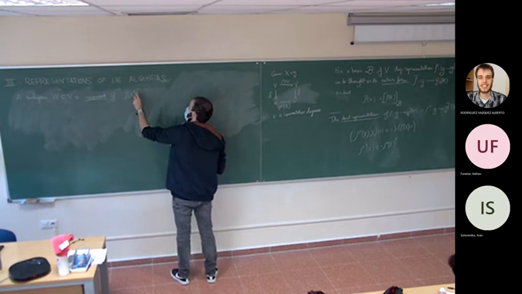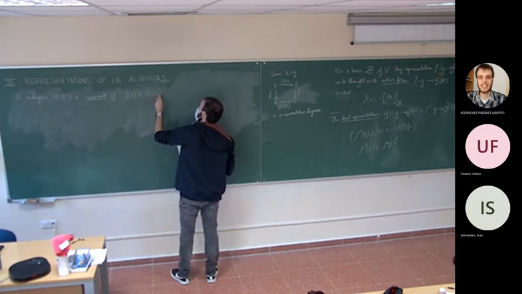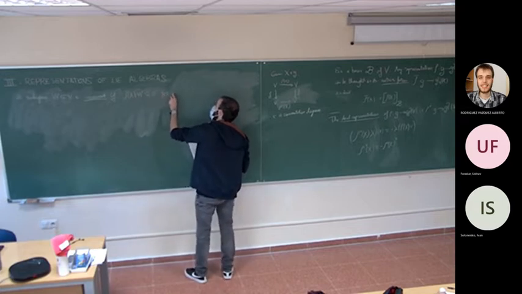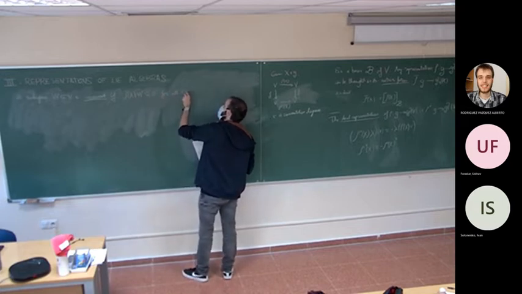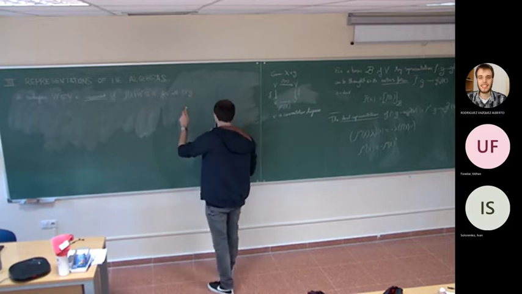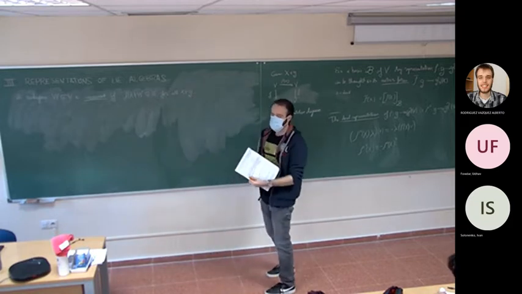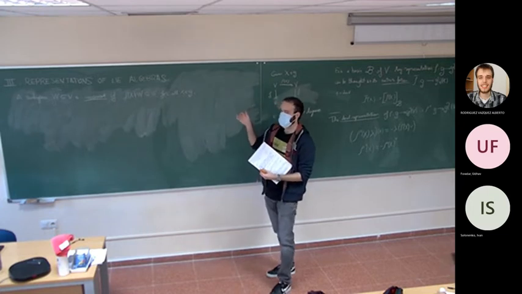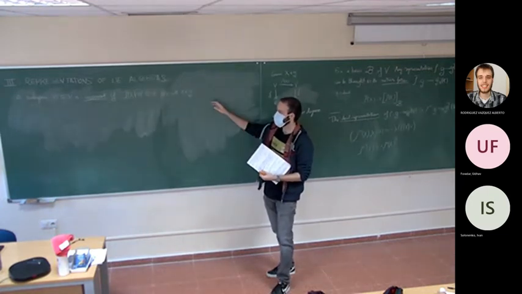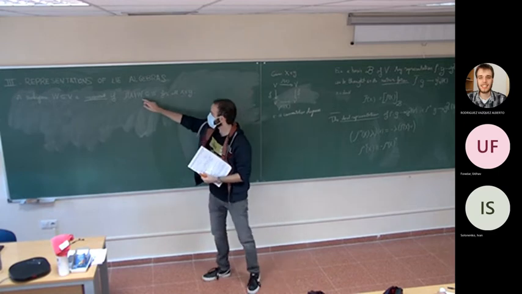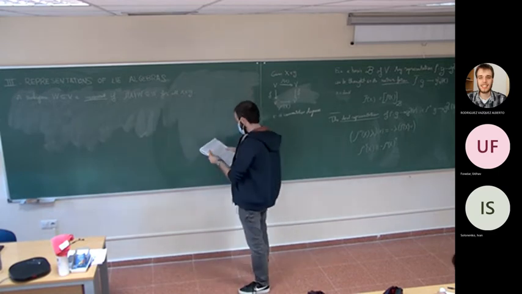So if rho of X of W is contained in W for all X in G. And as I said before, this allows us to restrict the representation of the whole space into a representation of the subspace W because of this condition.